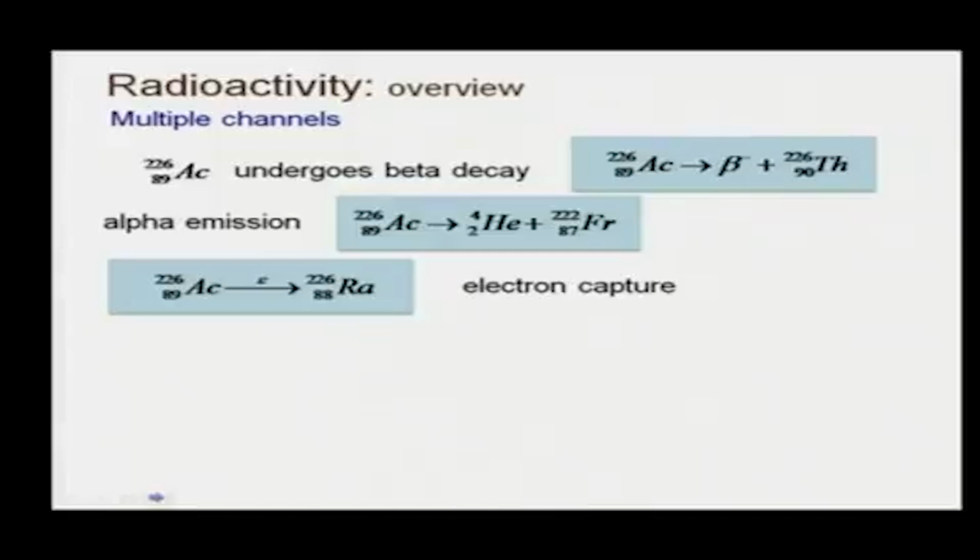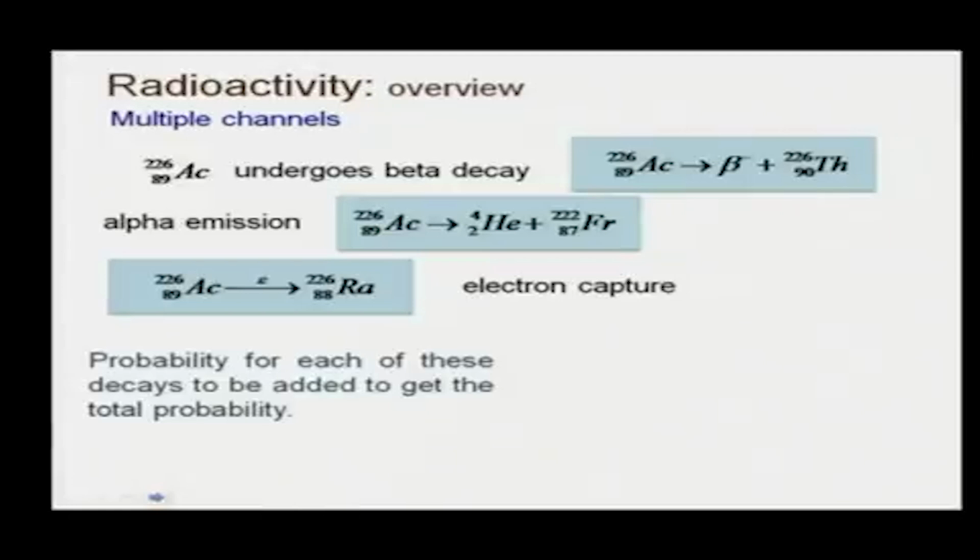Now, for such cases where there are multiple channels, multiple possibilities of decay, to get the total probability you add all these probabilities.